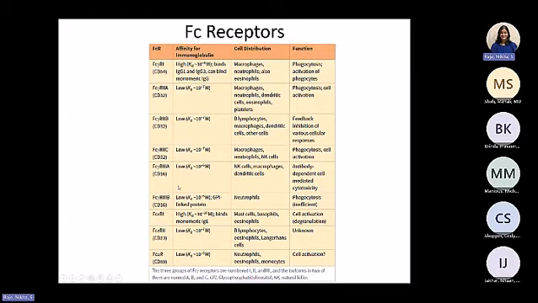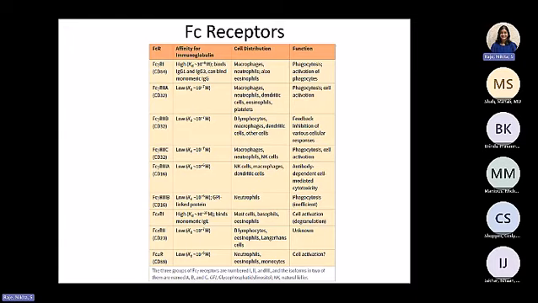So Fc gamma R1 is the high affinity receptor for IgG and leads to phagocytosis. Fc gamma R2A and C also help with cell activation and phagocytosis.